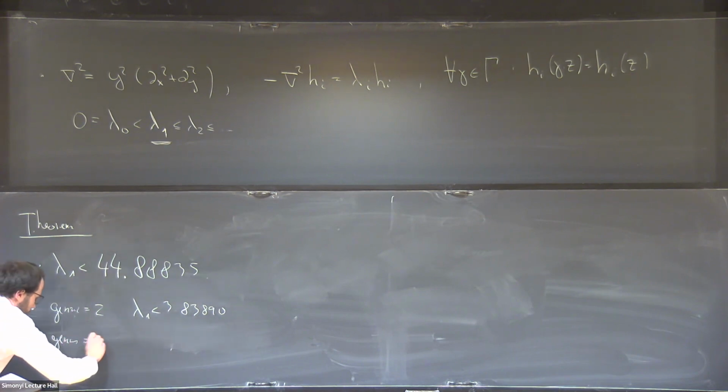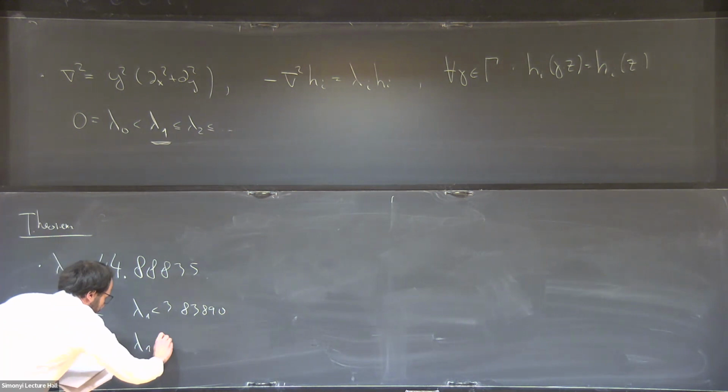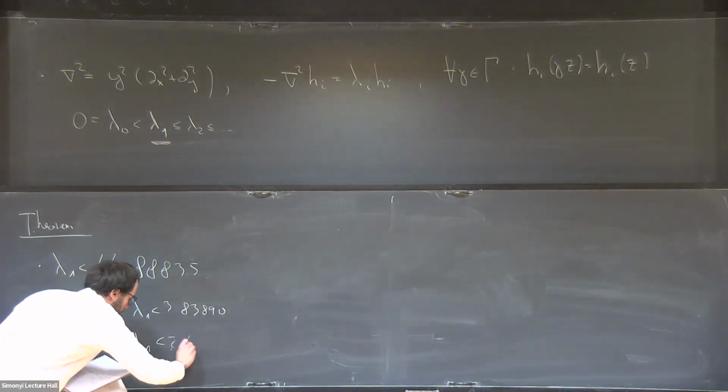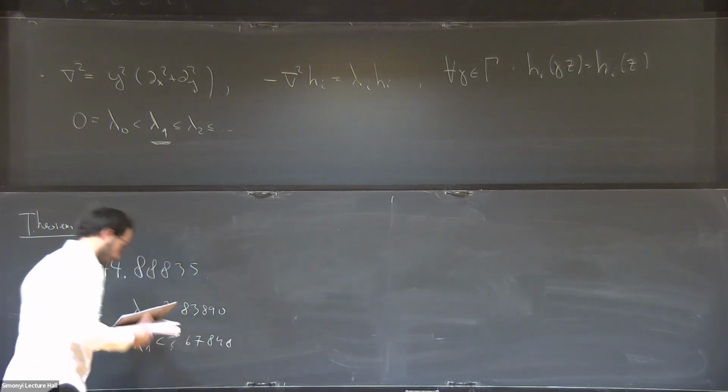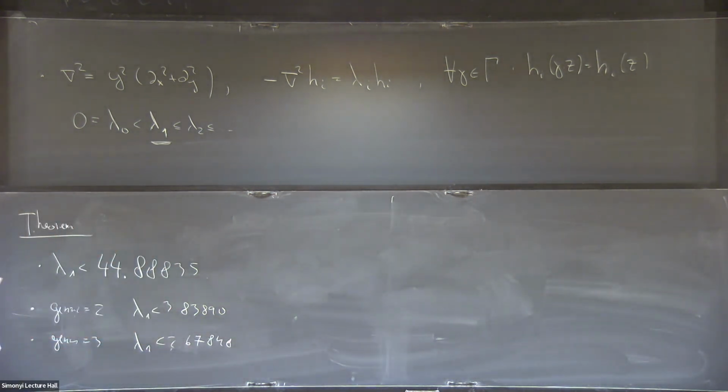For genus 3, there's an upper bound which is 2.67848. These look like random numbers, but maybe the reason they're interesting is that these bounds are nearly saturated by some known examples.